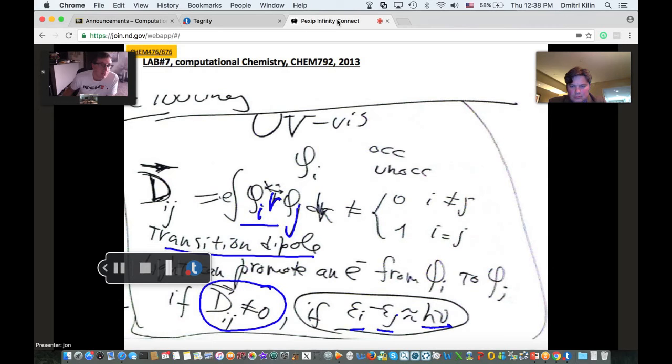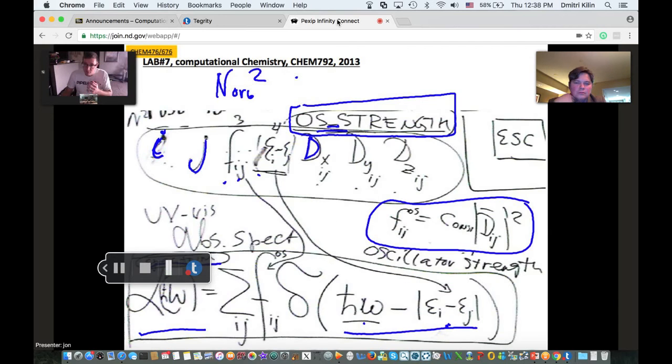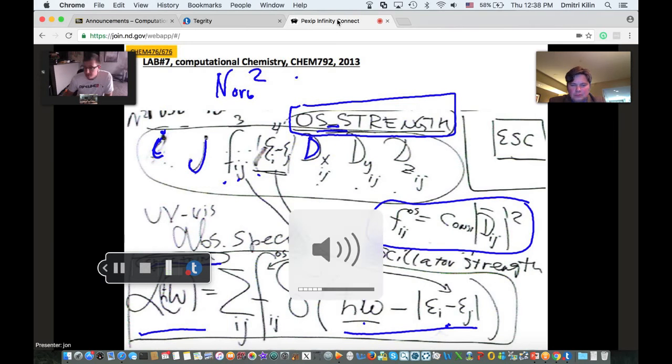Okay. And so the first thing, once you finish some type of optimization calculation in VASP, is to build what we call a file that's named OS strength. So the oscillator strength itself, if you look on the middle of the right-hand side of the slide, there's an f_ij term.